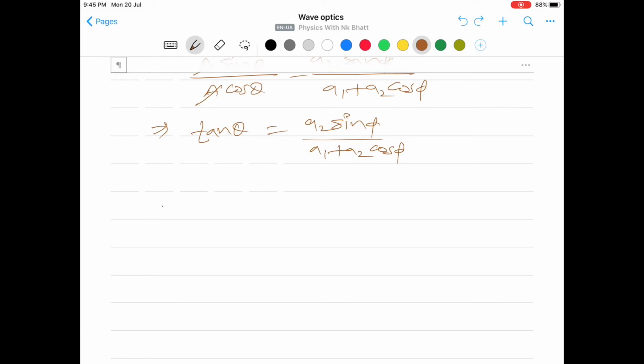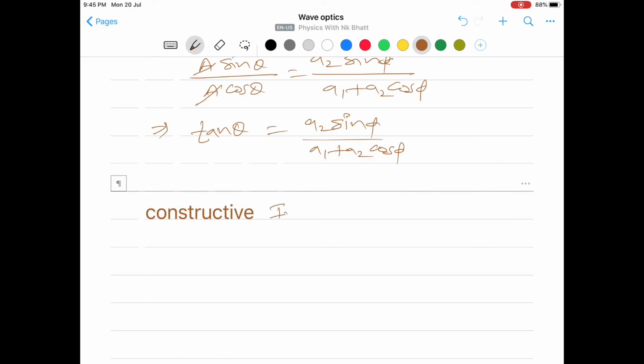destructive interference will occur. So first we will take constructive interference.